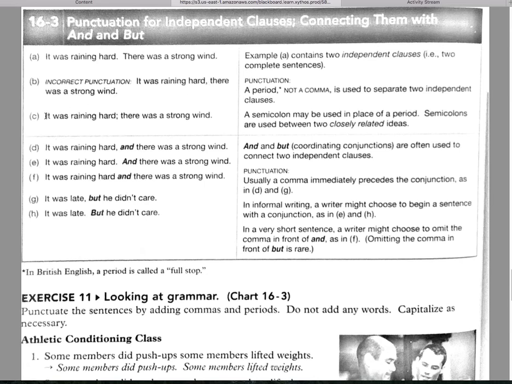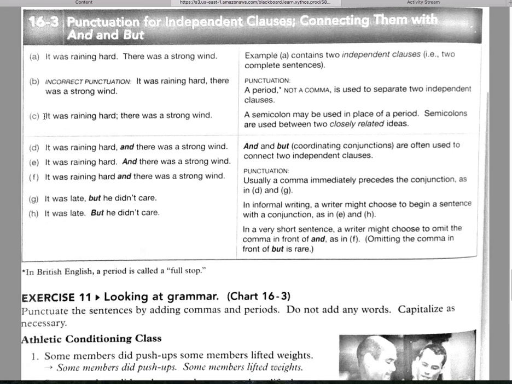Letter C. It was raining hard, semicolon, lowercase t, that's not a capital, it's a lowercase. There was a strong wind. A semicolon may be used in place of a period. Semicolons are used between 2 closely related ideas.